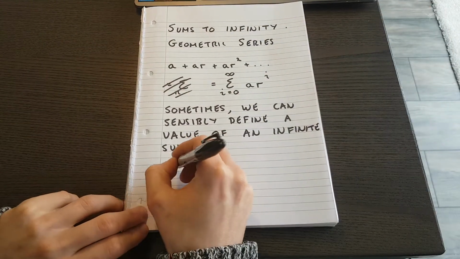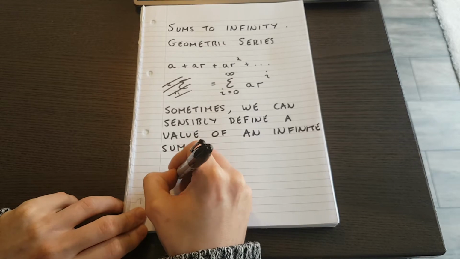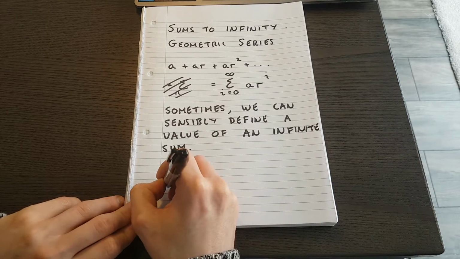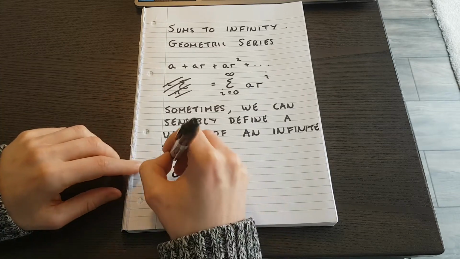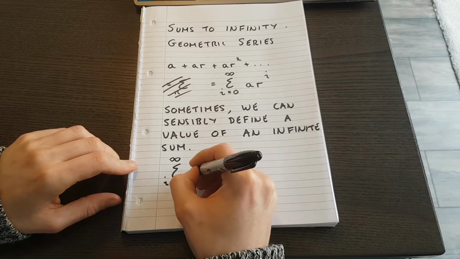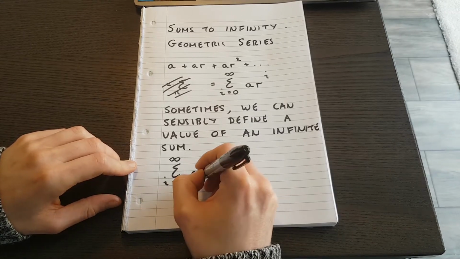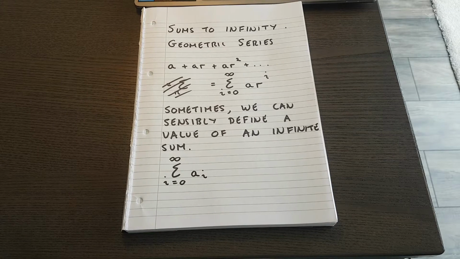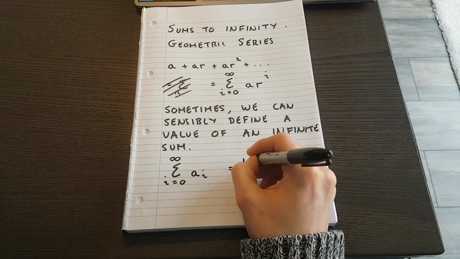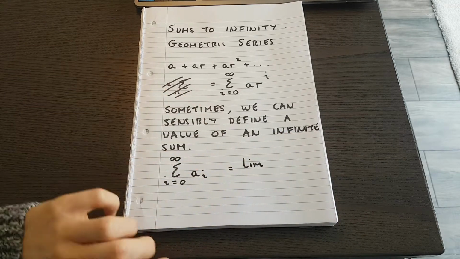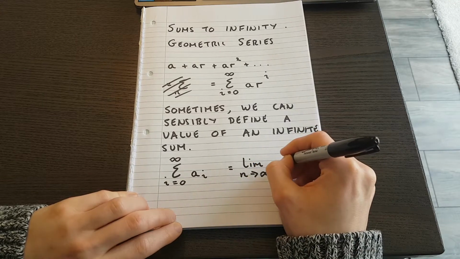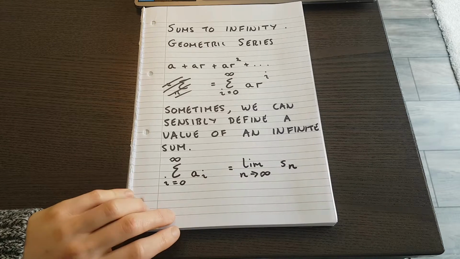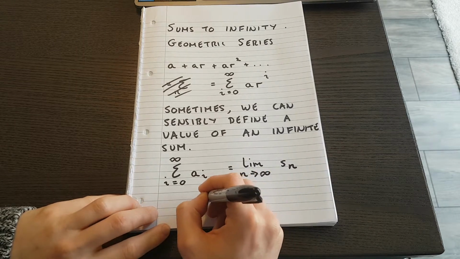And we use the value as follows. We say that the sum to infinity, where i goes from, let's say, we can start at 0, we can start at 1, doesn't really matter, of a_i, the ith term. I'm starting at 0 here in this case, but that's totally okay. This is equal to the limit as n goes to infinity of the sum to n. And what was the sum to n?